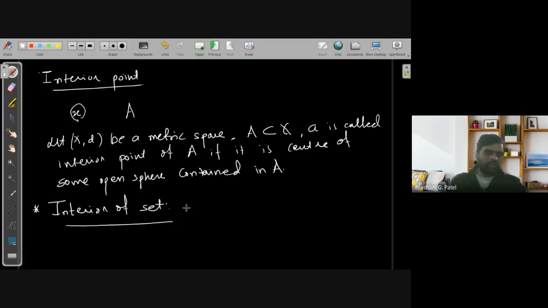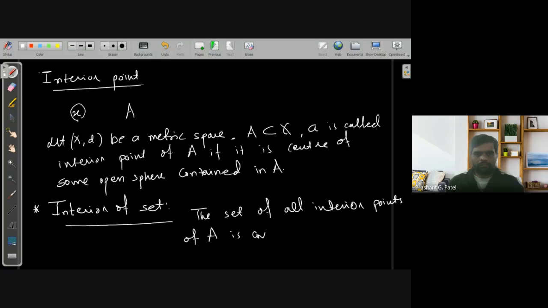The set of all interior points of A is called the interior of a set.